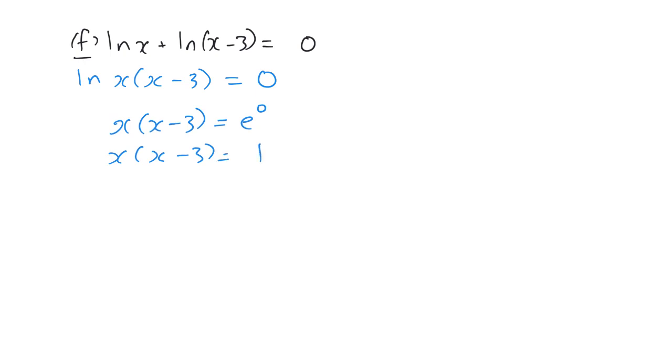So that's anything, remember, to the power 0 is 1. Multiply out the brackets, I get x squared minus 3x, and I'm bringing the 1 across. Minus 1 equals 0. That's a quadratic. If you use the formula to solve it, you'll get 3 plus or minus root 13 all over 2.